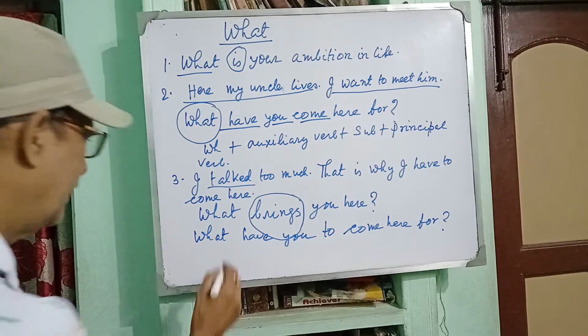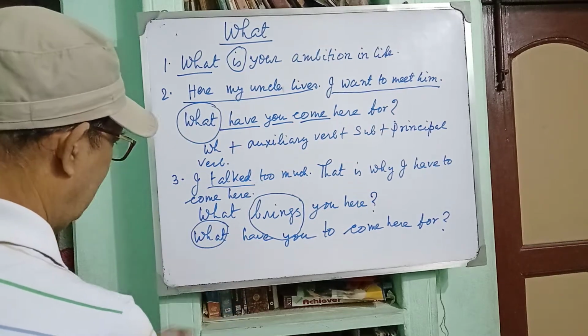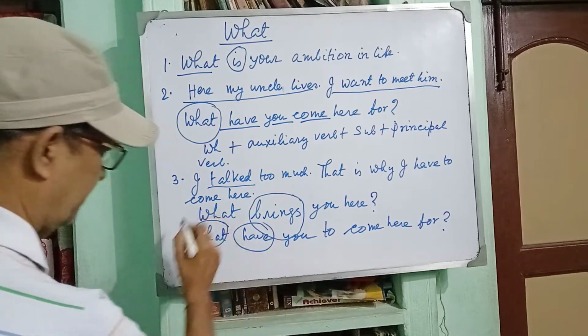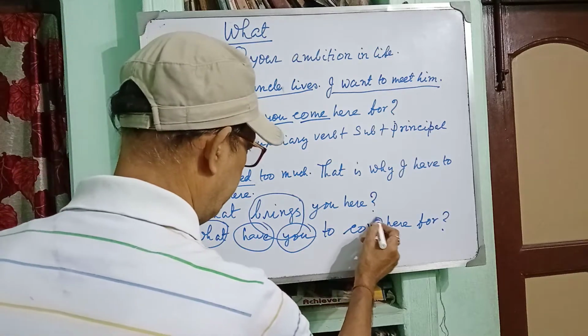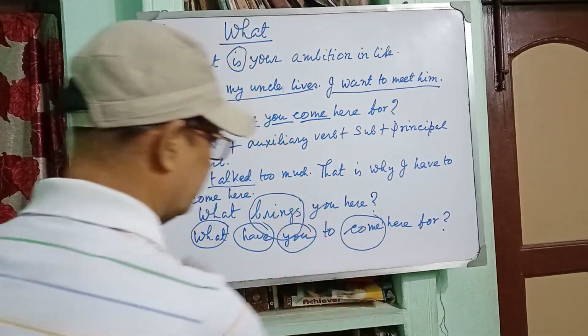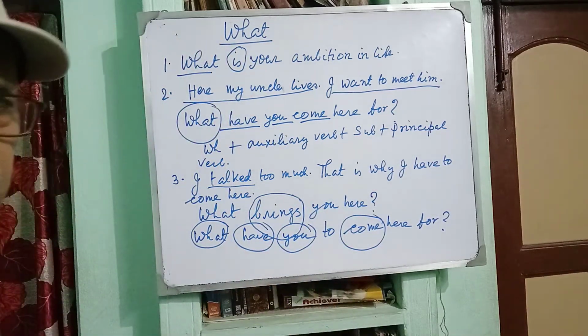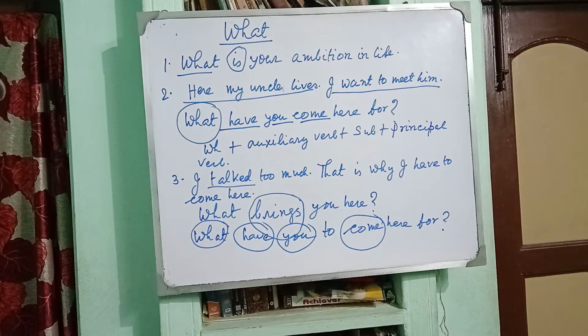So, WH word is what, then auxiliary verb, subject, to plus come, that is infinitive. Okay. What have you to come here for? Now, take another example of what. And I am cleaning the board.